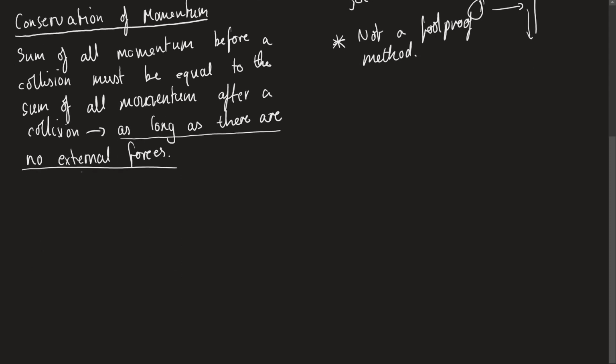If we were to assume that conservation of momentum is true for everything, then momentum must always be conserved in every collision. That means if I start a car moving, so this is a very rough idea of a car, it has some mass and it's moving with some velocity.